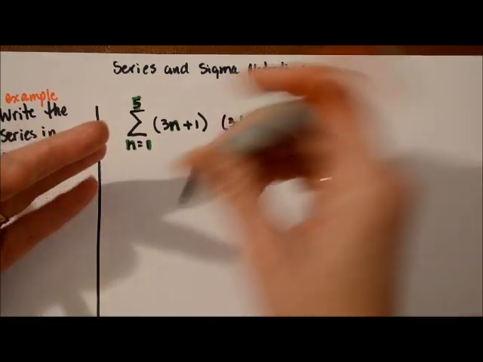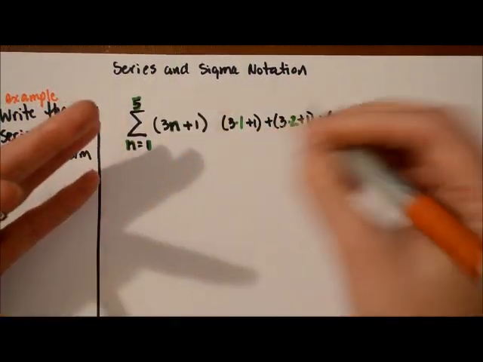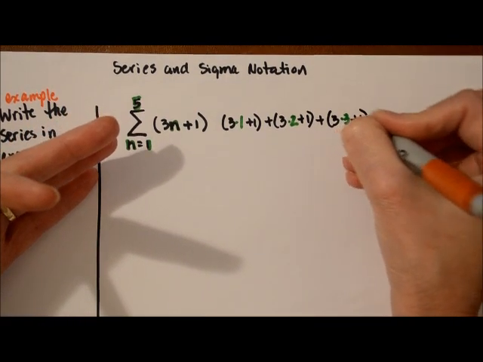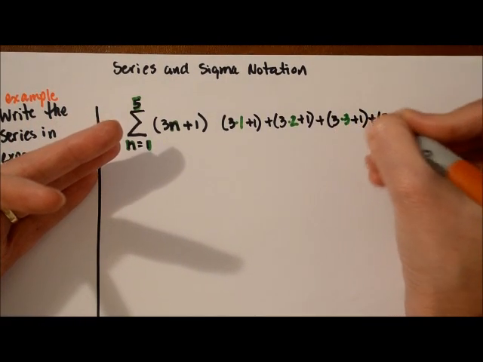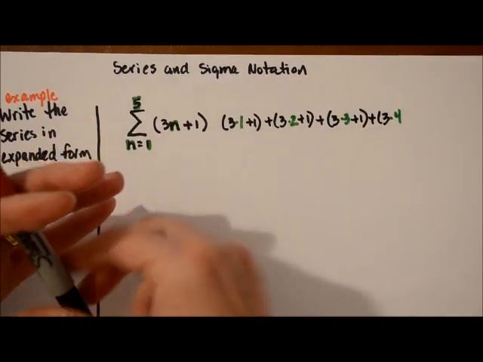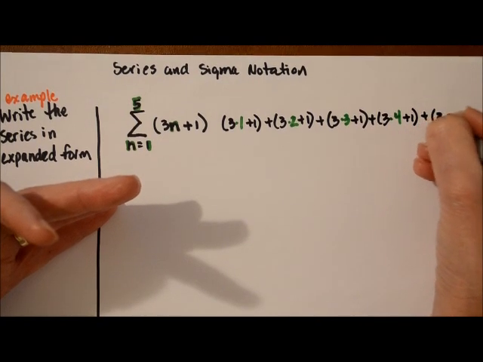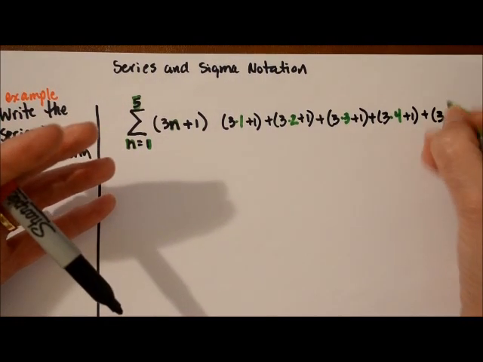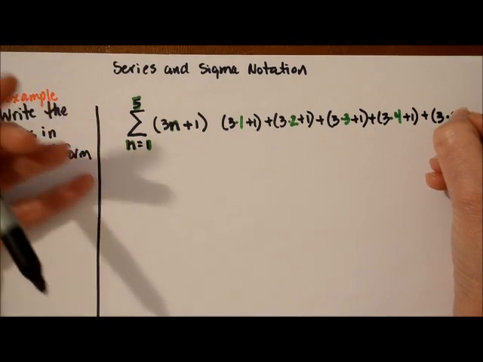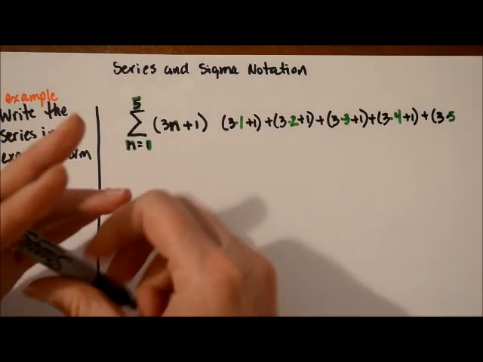Plus 3 times 3 plus 1 plus 3 times 4 plus 1 plus 3 times 5. I'm going to 5 here, right? 5 plus 1.